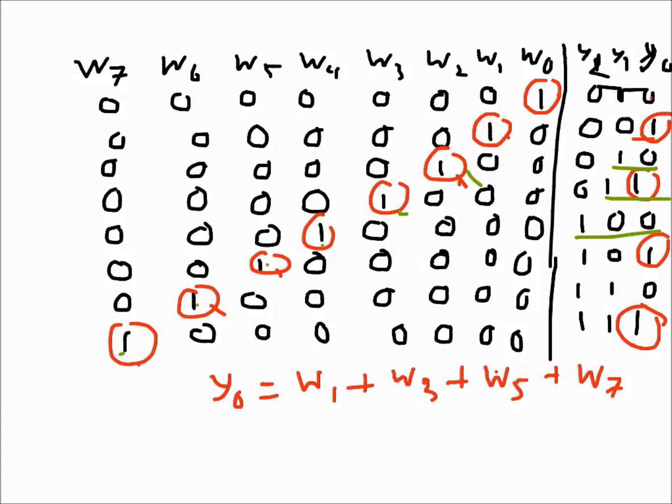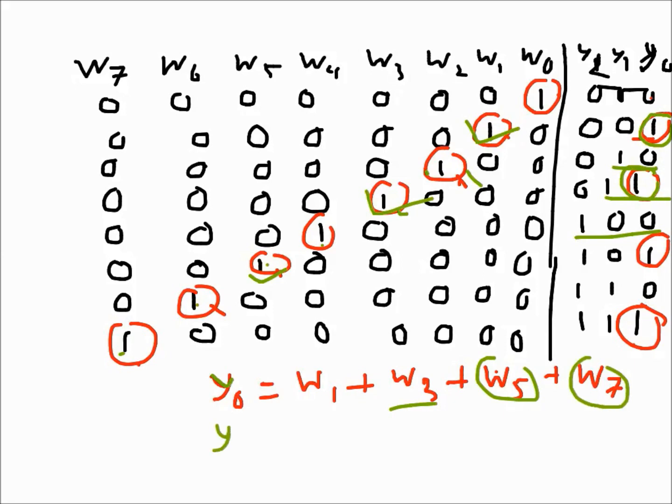There is only one active input as before, and the output logic Y0 is W1, W3, then W5, and the last one is W7.